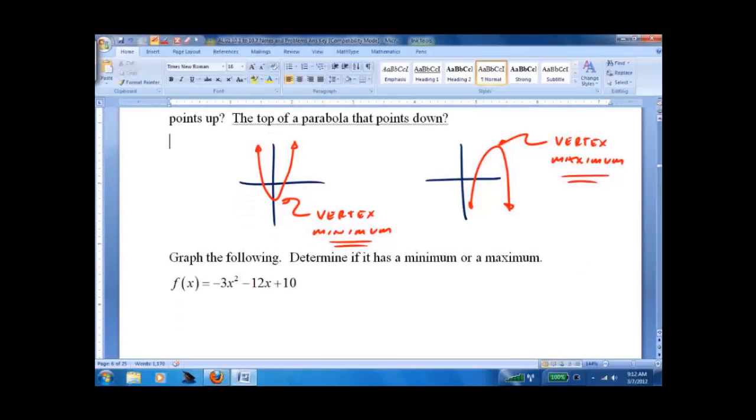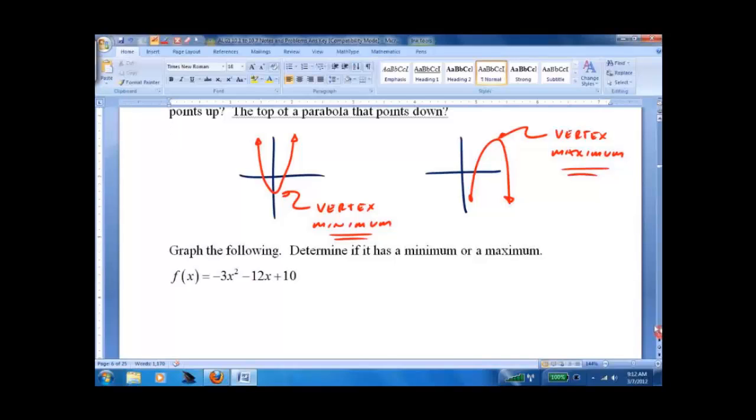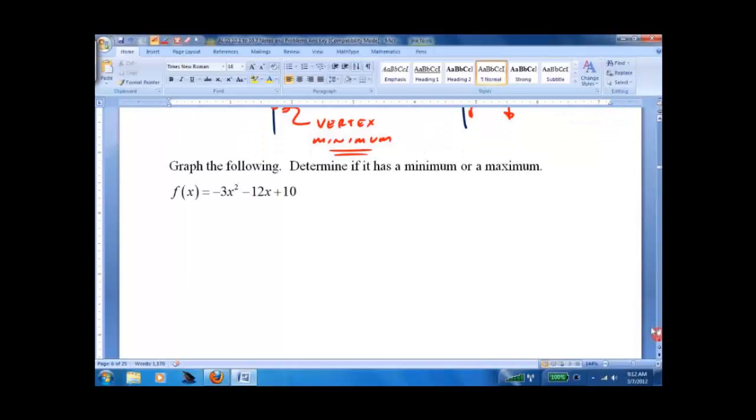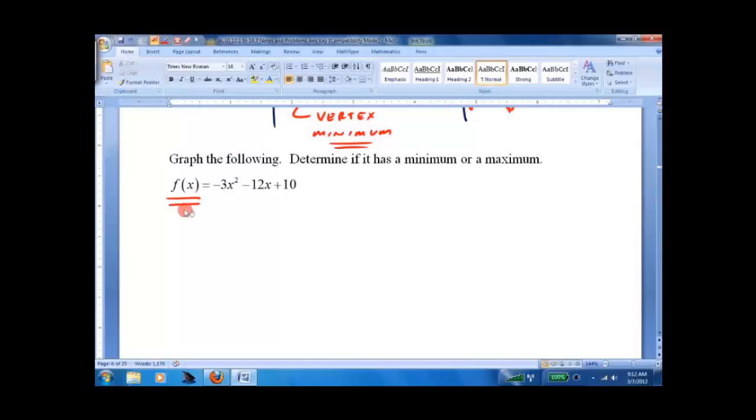So, try one more on your own. If you're confused, you should know. Change that to y equals. Give it a shot. See if you can do it. My turn.